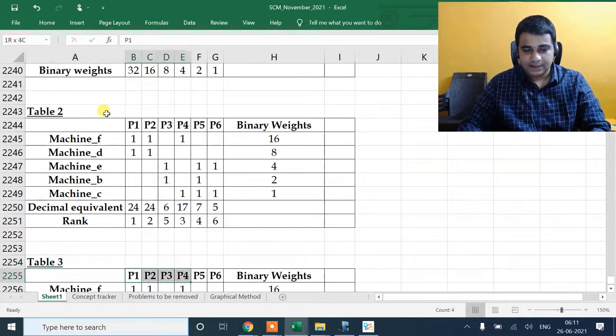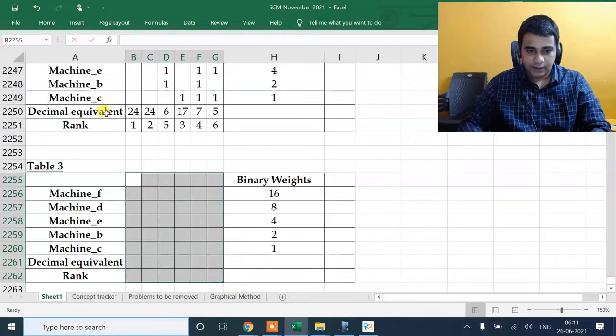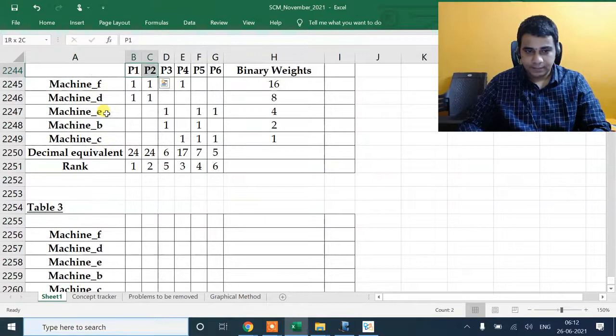The parts have to be rearranged now. P1 and P2 is fine. Then comes P4 and P5.